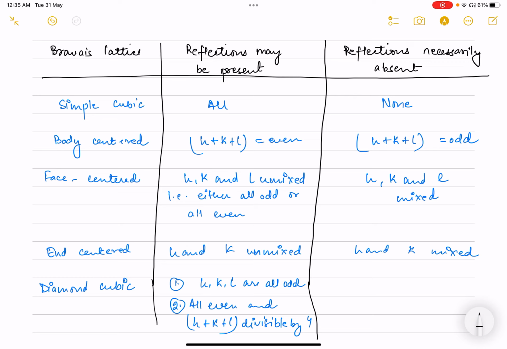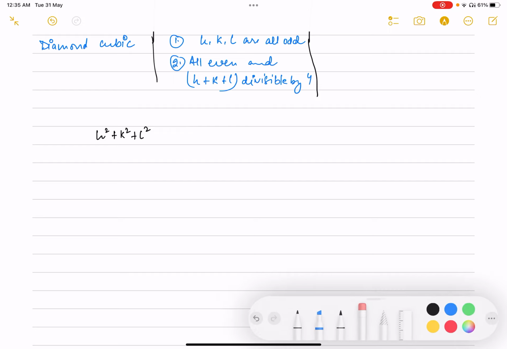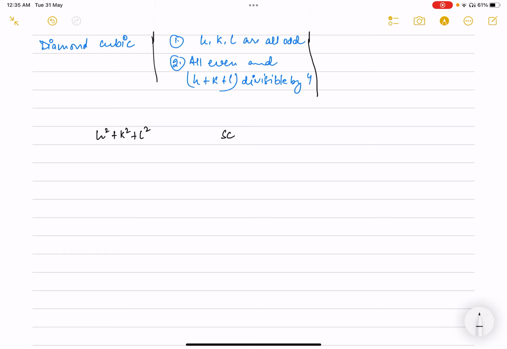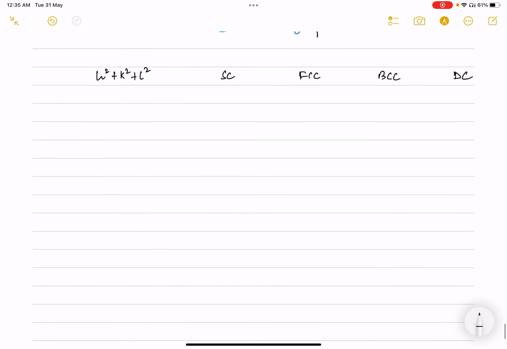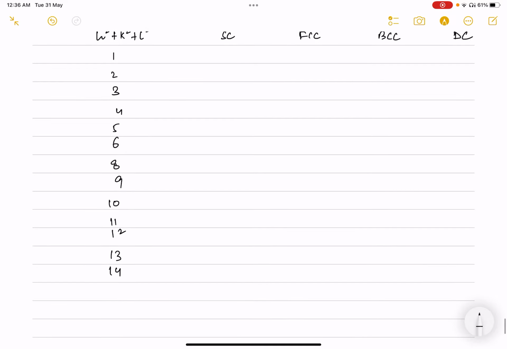Okay, so now for h squared plus k squared plus l squared values in simple cubic, FCC, BCC and diamond cubic: 1, 2, 3, 4, 5, 6. So h squared plus k squared plus l squared can never be 7. So 8, 9, 10, 11, 12, 13, 14 and so on.